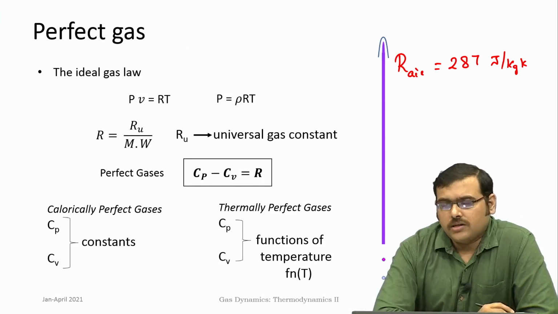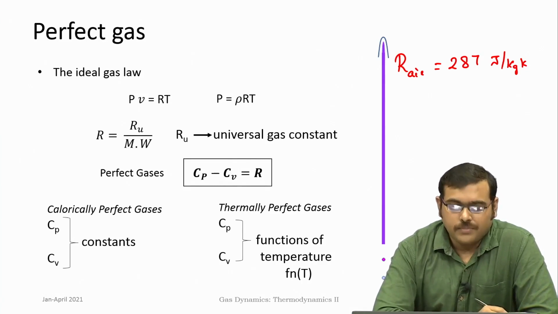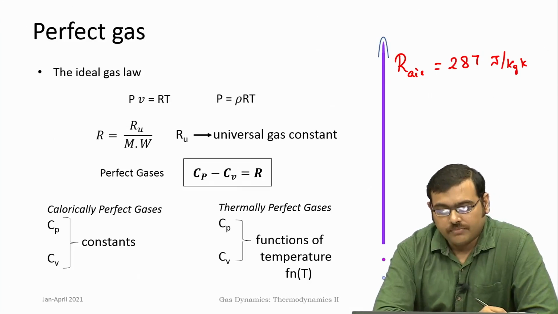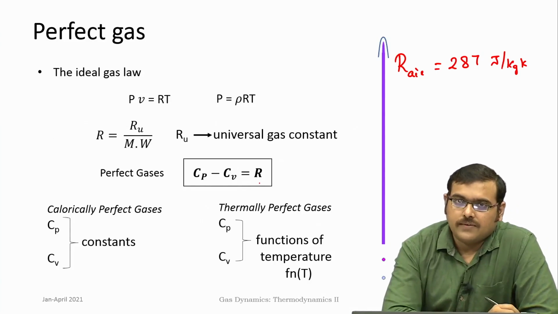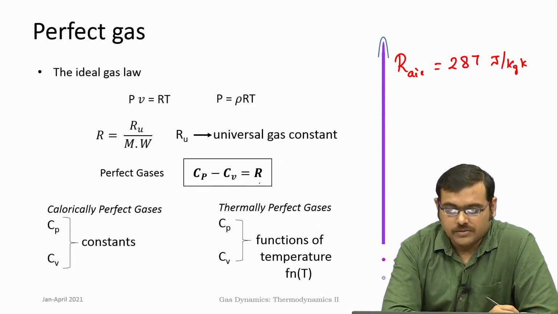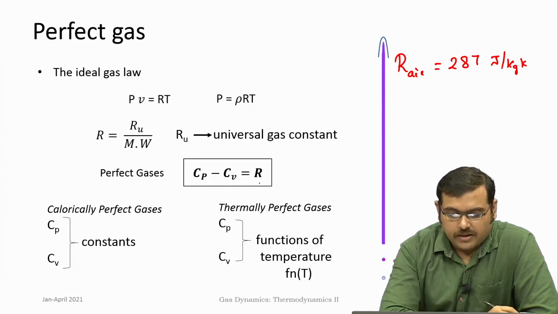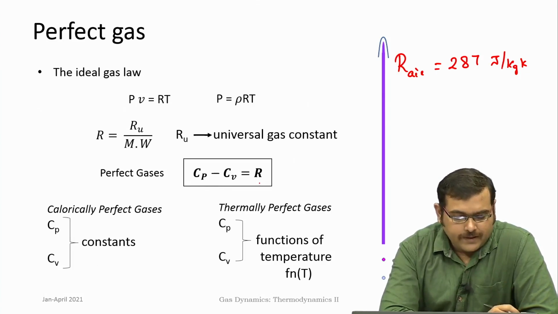Now in general Cp and Cv need not be constant, they can change, and in perfect gases the changes happen in such a way that Cp minus Cv is always equal to R. So those conditions which satisfy this relation belong to the perfect gas.